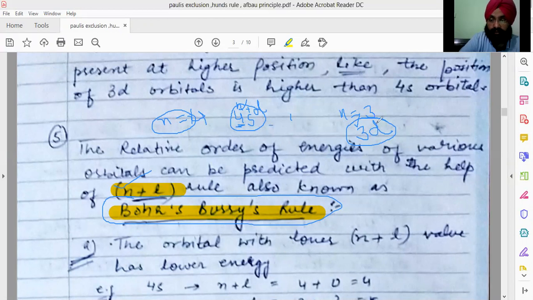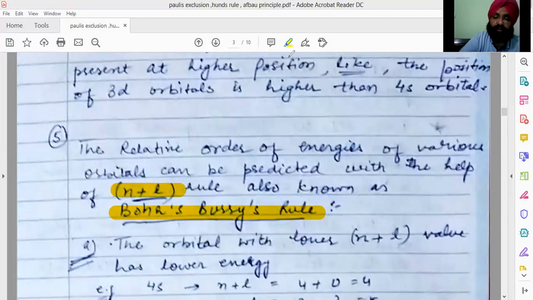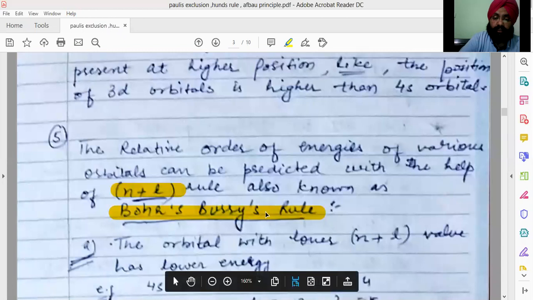And in the case of 3d, n plus L will become 5, because the value of n is 3 and the value of d, which represents L, is 2, and the total is 5. Now here the orbital with the higher value of n plus L has higher energy associated with it.